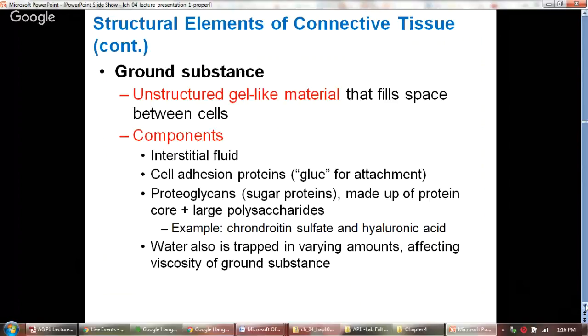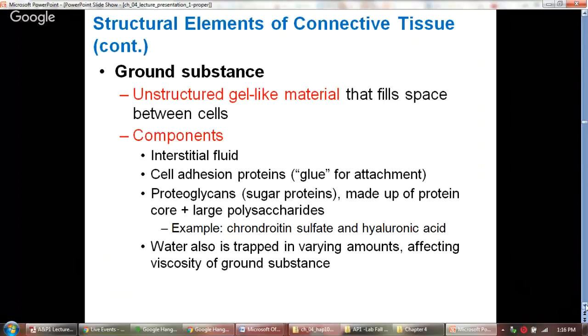It's an unstructured gel-like material which fills the space between the cells. Its components are the interstitial fluid, cell adhesion proteins, which act as glue for attachment, and proteoglycans, which are the sugar proteins. Protein and glycans are the sugar component.